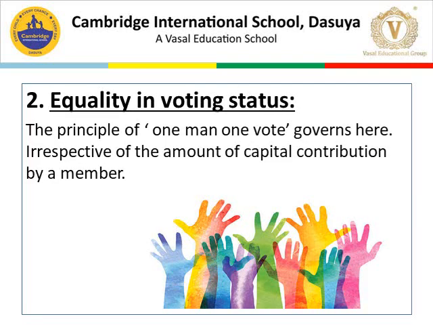Second merit is equality in voting status. The principle of one man, one vote governs here, irrespective of the amount of capital contributed by a member. Every member in the cooperative society gets a voting right.